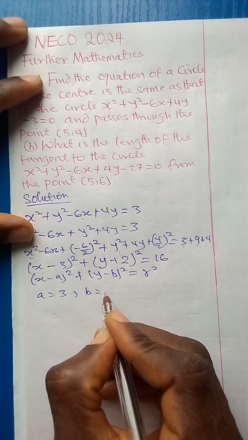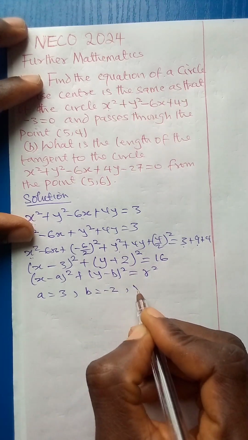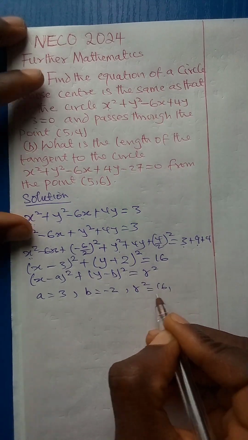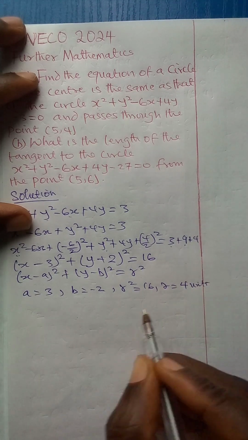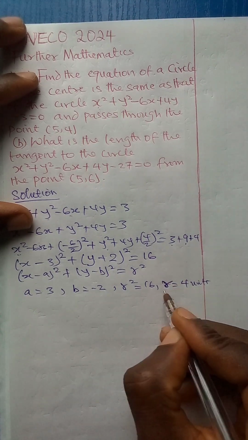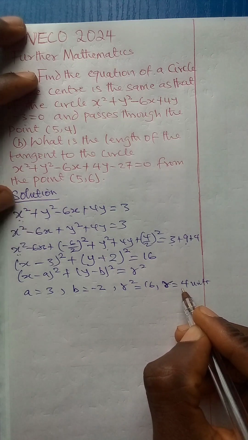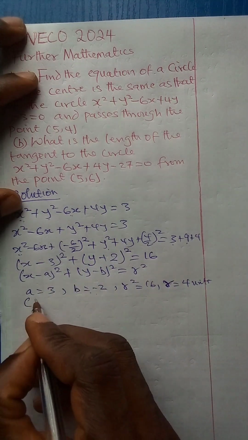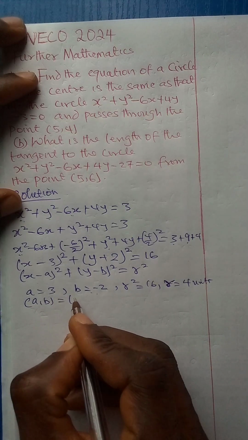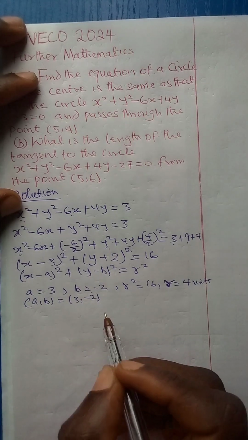That means b is equal to minus 2. And then, r squared is 16. That implies that r is 4 units. So, we just found the radius of the circle whose equation is given and the center point. So, the center point is a, b equals 3, minus 2.